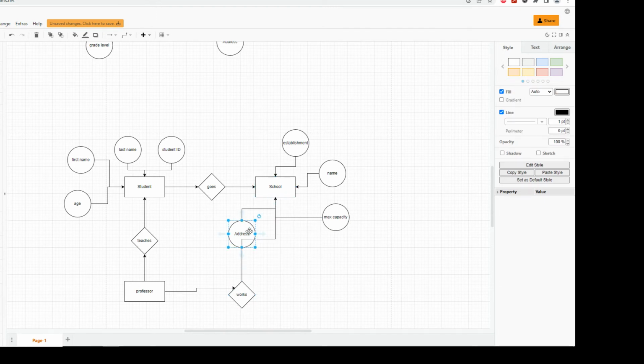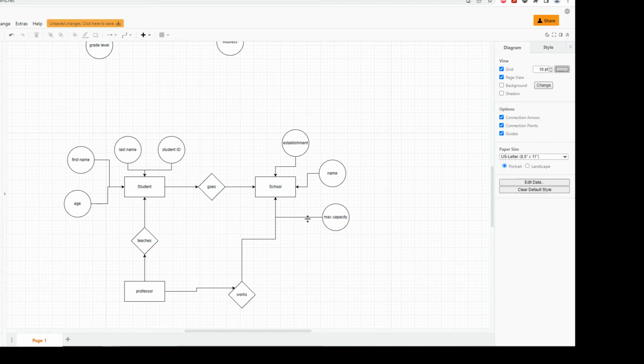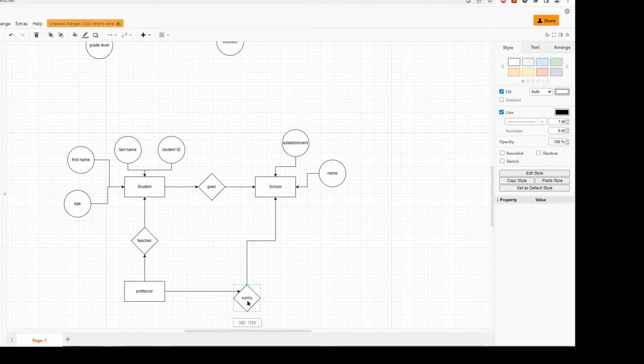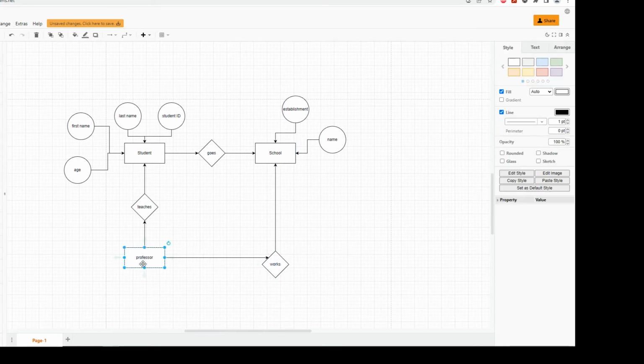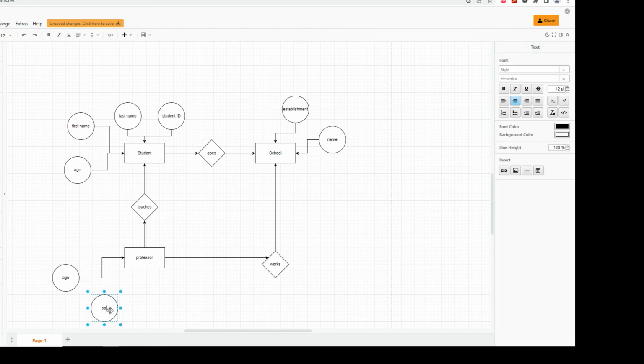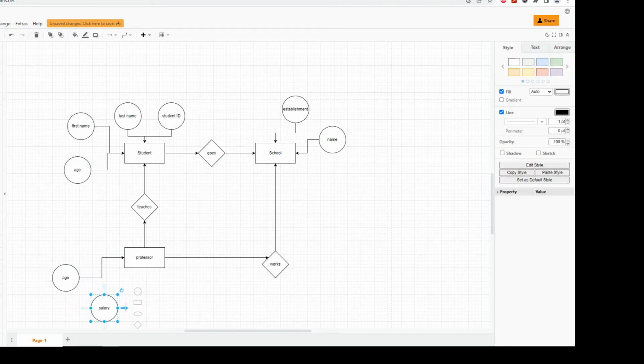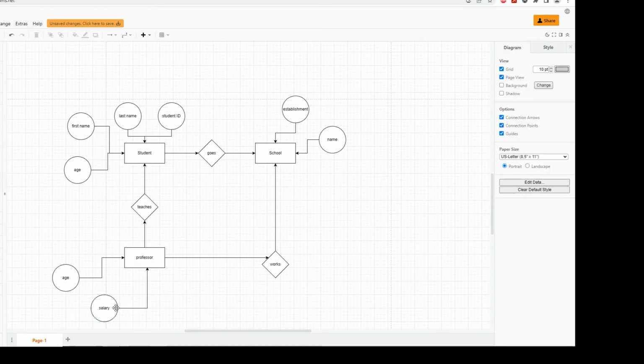So for the purpose of this, let me just remove those two attributes so I have some space. Nothing fancy, just so I have some space. Because hopefully by now you understand this and repeat the process, right? Professor attribute. Age can also be used to describe professor. Professor may have salary. Student doesn't have salary, but professor does, right?